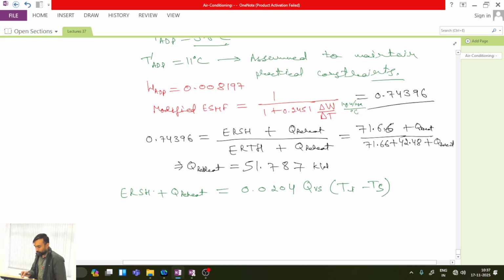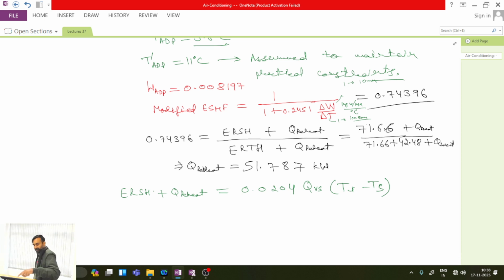So if 1 unit of this is equal to 10 mm and 1 unit of this is equal to 100 mm, then you will get some multiplication factor.